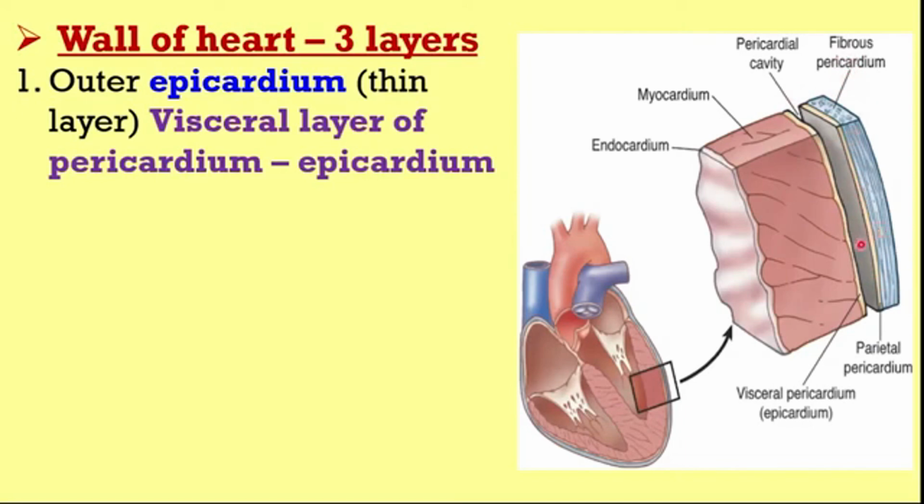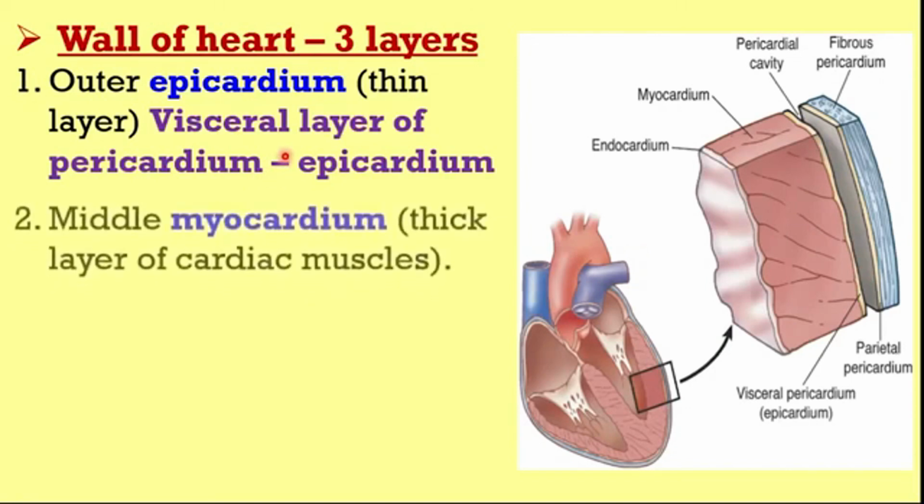These are the two layers of serous pericardium, outer parietal pericardium and inner visceral pericardium. This inner visceral pericardium forms the epicardium. And in between these two layers, the space is said to be pericardial space and it is filled with pericardial fluid. So epicardium is the outer layer in the wall of the heart.